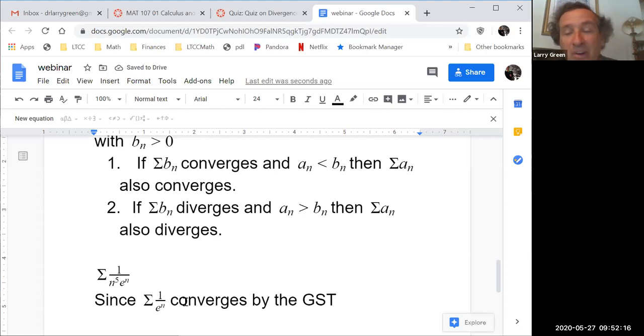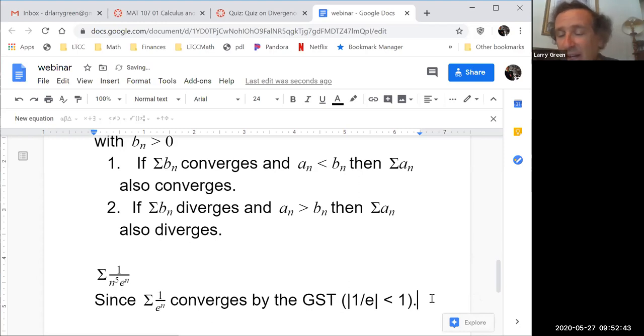Because this is a number to a power. Note that 1 over e is less than 1, and that's what you need. That's why it converges by the geometric series test.